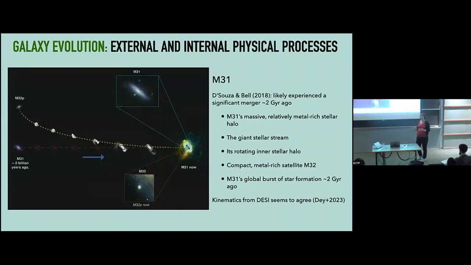And to give you another example, slightly farther away, with an amazing amount of information that we got in the last few years about M31 and its stellar halo, de Souza and Bell argued that M31 actually had a merger around 2 gigayears ago, which can be traced in a combination of effects related to the stellar populations in the halo, the giant stellar stream in the halo of M31, which is here, that its inner stellar halo is rotating, that the satellite that actually fell in is now a very compact metal-rich satellite, and again, a global burst of star formation in the disk of M31.